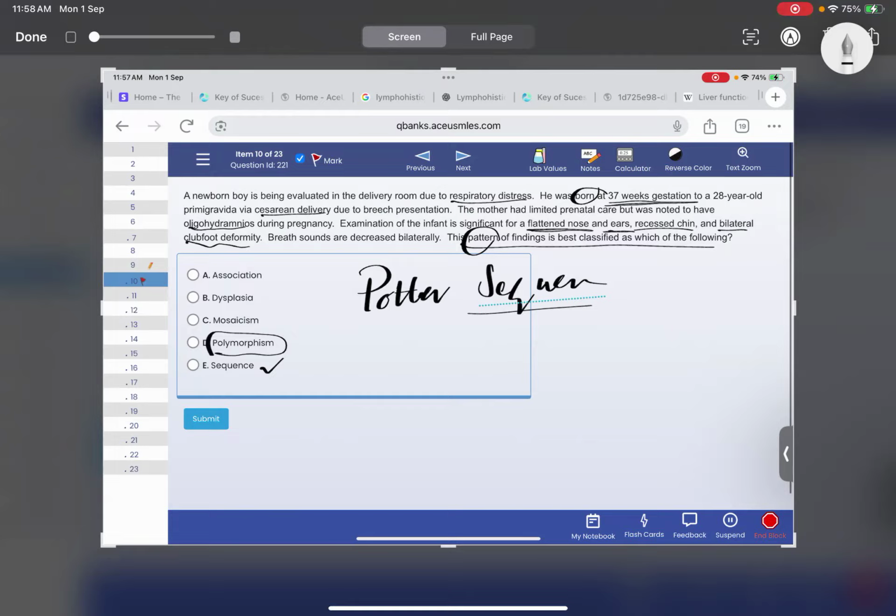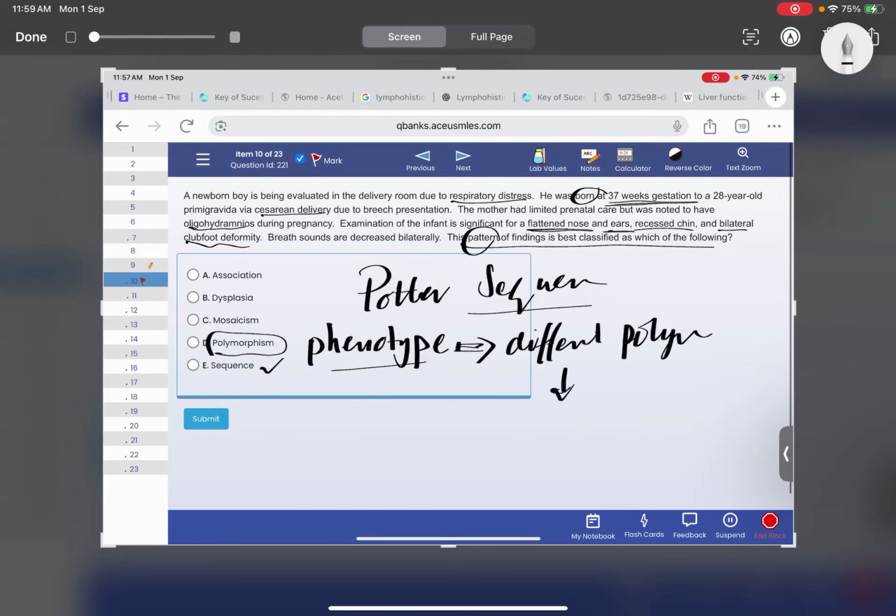Anyone, please? So if we have a phenotype present in different forms, we call this polymorphism.